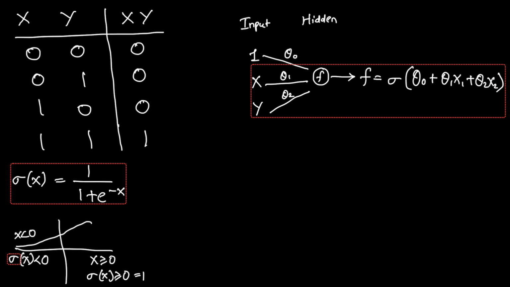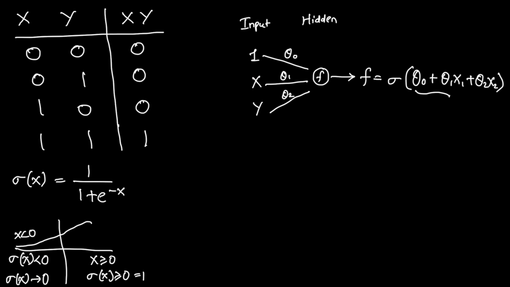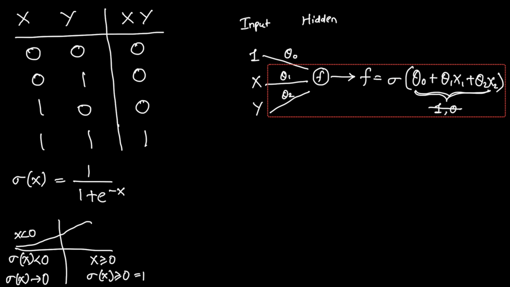That means sigma x will tend towards 0, or in our example we will assume that it gives us 0 because it would be a very small number. So if this quantity is greater than or equal to 0, we would get 1, and if this quantity is less than 0, we will get 0, depending on what your combinations become. Okay, so x1 and x2 can take fixed values, 0 or 1.